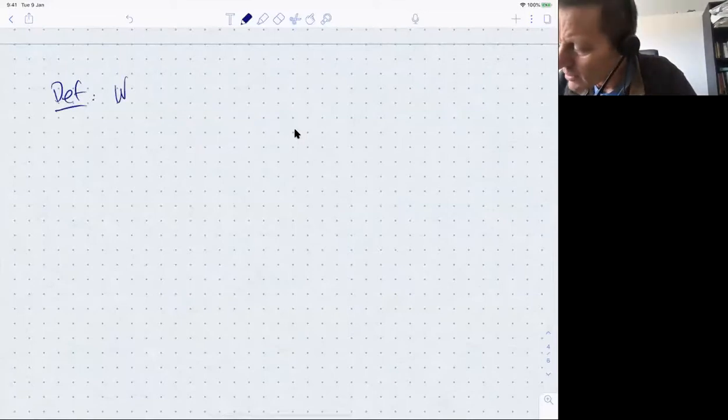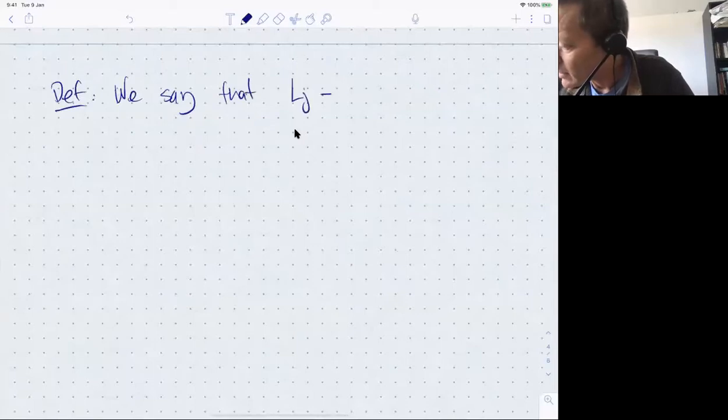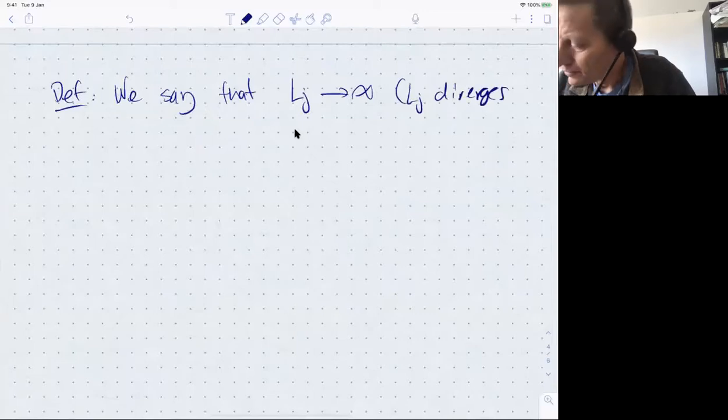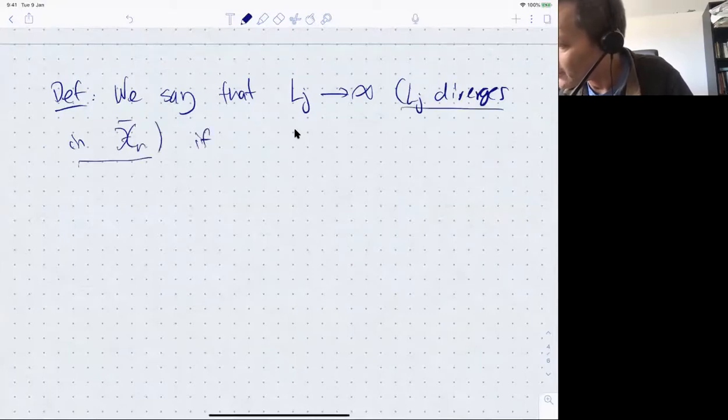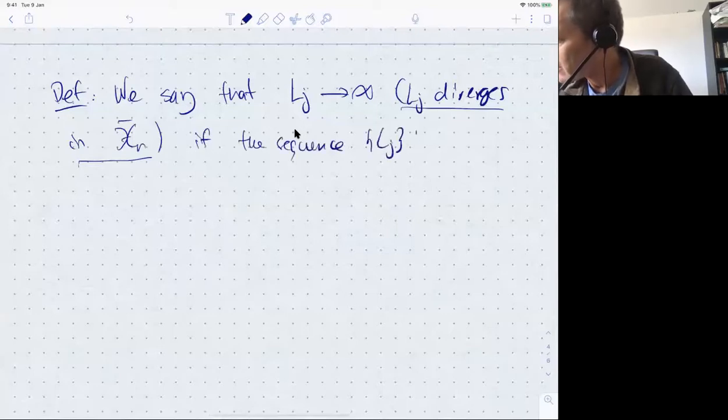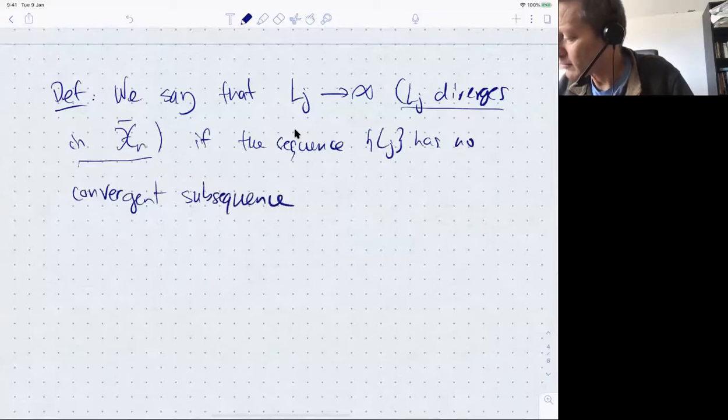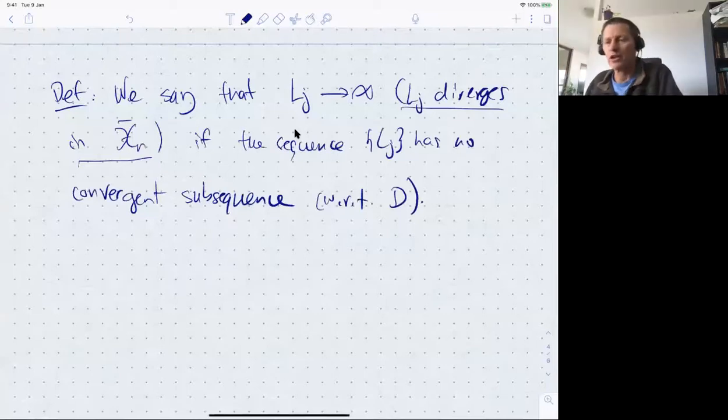We say that Lj diverges in this space of lattices if the sequence Lj has no convergent subsequence with respect to this metric or topology that we introduced a few moments ago.